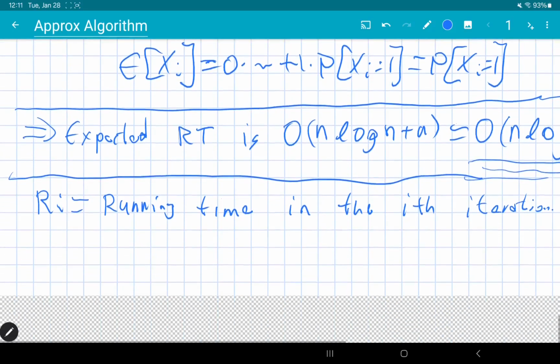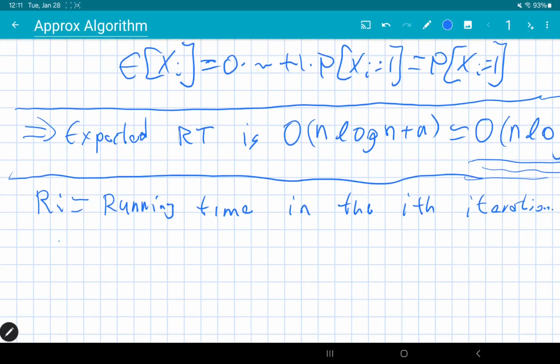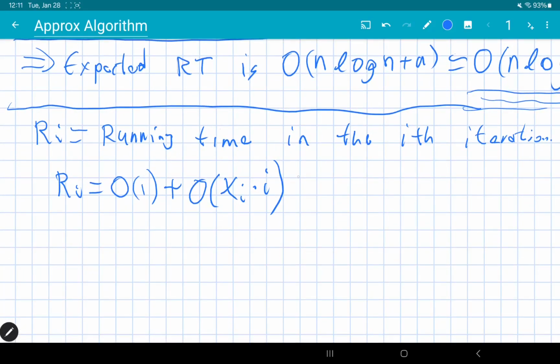And we observe, what do we observe? Well, what is Ri? Well, Ri is always O of 1, right? Because we need to do some stuff. And then if things are bad and we have to do a rebuild, if xi is equal to 1, we have to do a rebuild and then we have to pay i, right? So we get this. Let me ignore the O just to keep things simple. So it's 1 plus xi times i, right?